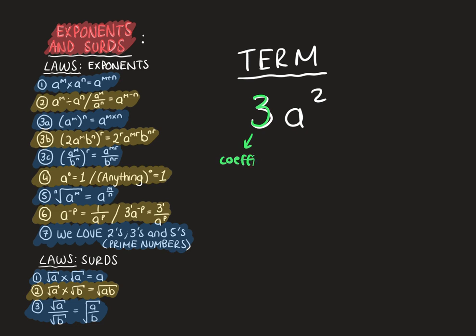It's a little bit of theory, because I'm going to say a lot of stuff here and I need you guys to know what I'm talking about when I say these big words. So 3 would be the coefficient of this term. A would be the variable or the base. And then we've got 2, which is going to be the exponent. Together, it's known as a term.